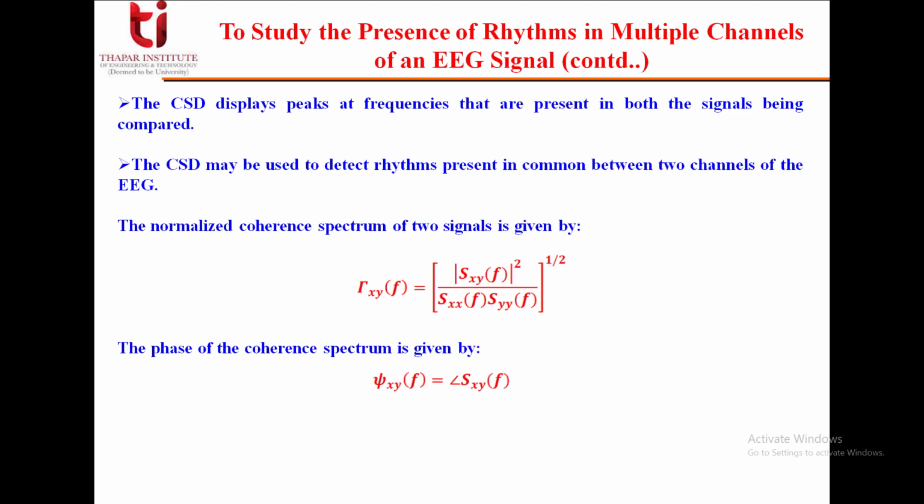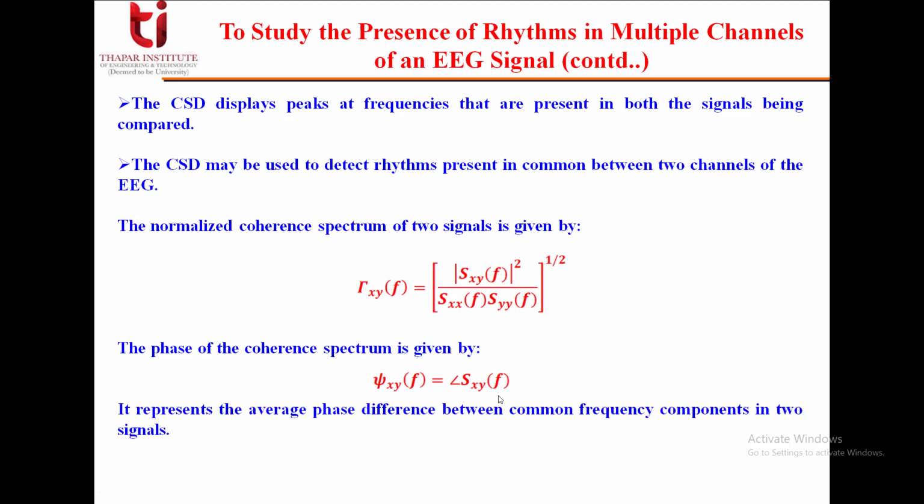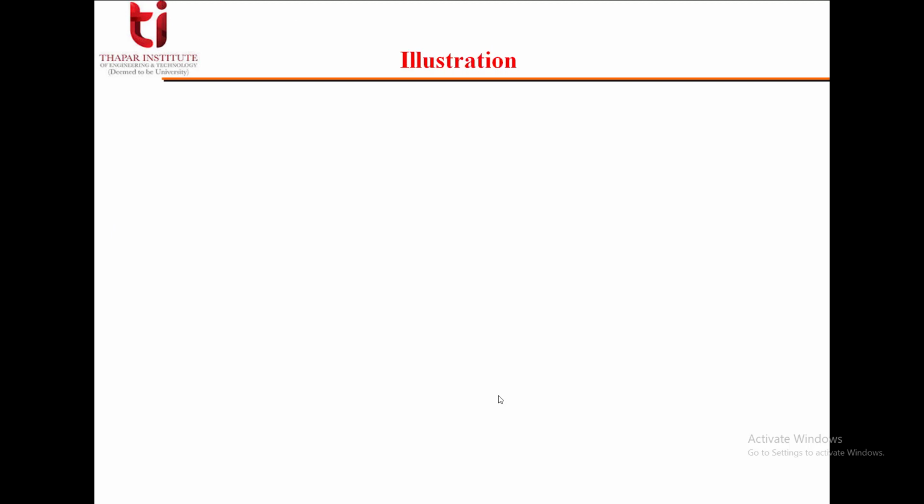And the phase of the coherence spectrum is given by this equation, that is the phase of the cross spectral density. This represents the average phase difference between the common frequency components in the two signals.